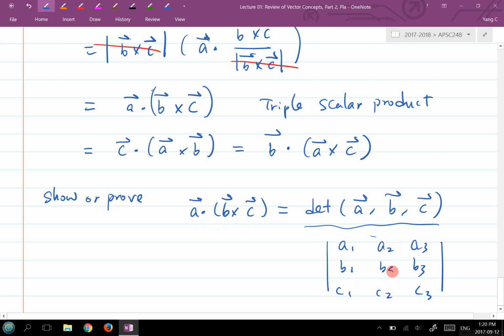So essentially, now you can see an analogy here. The area has something to do with the determinant for the special case of a 2D plane, and the volume in 3D also has something to do with this determinant concept.